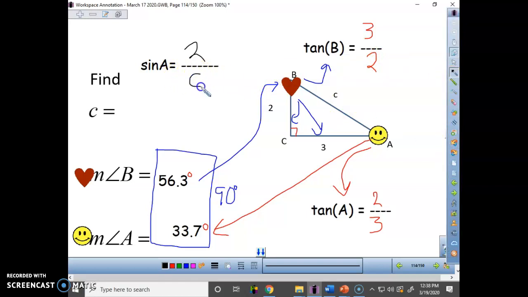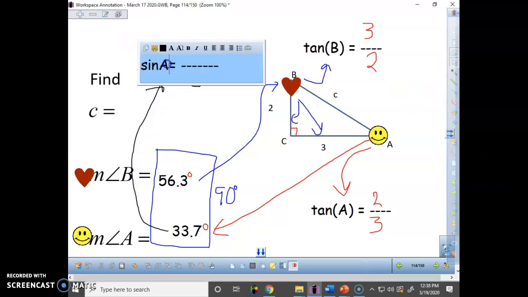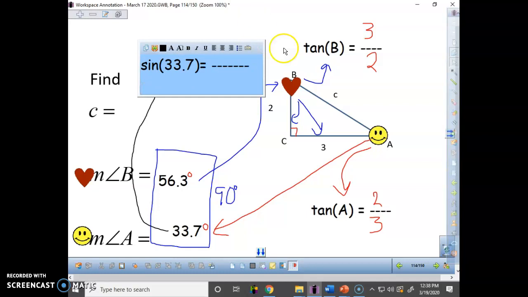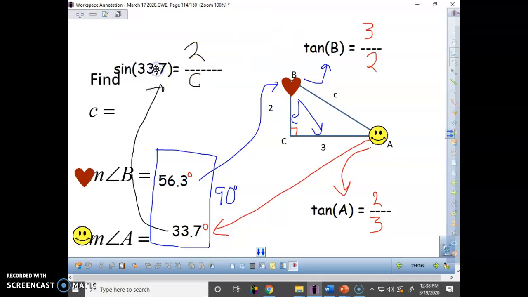It's 2 over C, except I don't put A here anymore because I have A right in there. So I'm going to go back and edit that. It's not A anymore. It's now 33.7. Enter. Backspace. Click. Make it look good again.